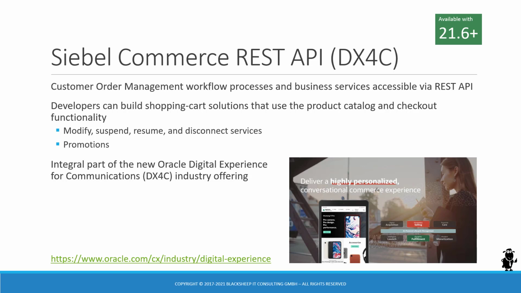So Siebel CRM is, as we speak, running in the Oracle Cloud in a special architecture, in a cloud-native architecture. And this version of Siebel CRM has been enhanced in several aspects, including the REST API, and among other things, the customer order management, workflow processes, and business services have been made more accessible via REST API and standardized.